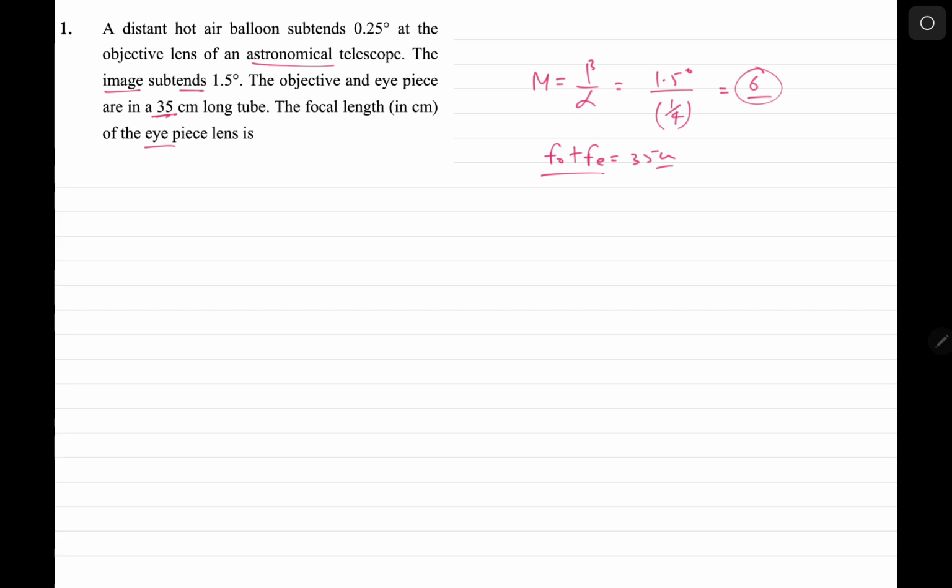So FO plus FE is 35 centimeter and FO by FE is 6. See, this question again came, it's a very frequently asked question, this could be an important question. So FO is equal to 6 FE, which makes 7 FE equal to 35. So FE is equal to 5. They're asking the focal length of the eyepiece, so the answer is 5. Move to the next question.